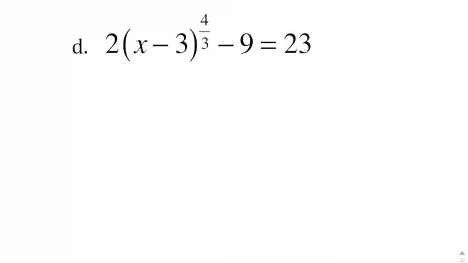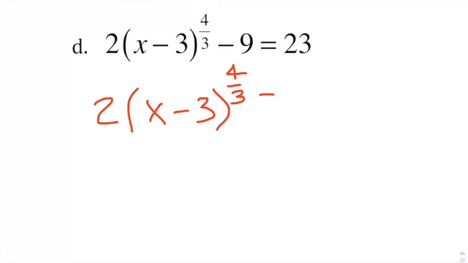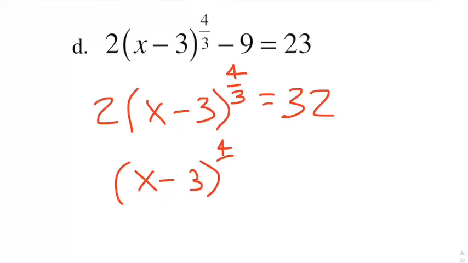Let's try another one here. Add 9. That'll get us, I guess, 32. Okay, divide both sides by 2. That'll get us 16. Then raise both sides to the reciprocal, 3/4.